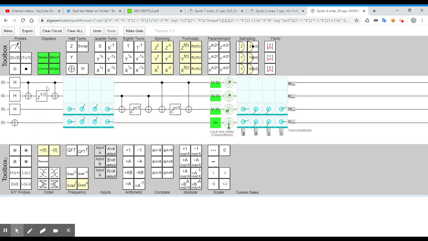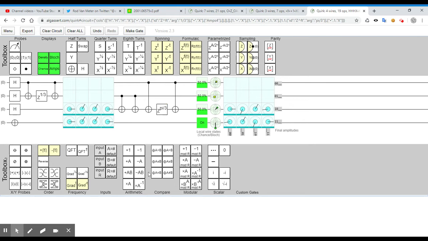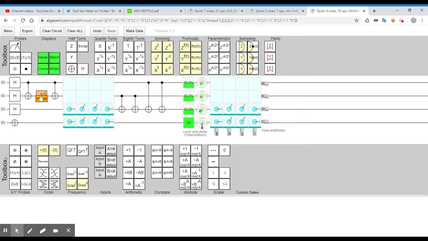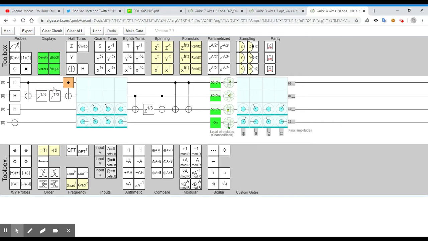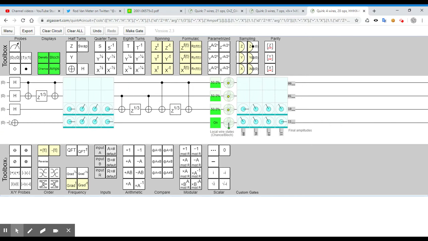Okay, but I should measure at the end, because that's important here. So this is basically doing the rotation in those cases where there is one cat. And now I can get rid of this, and copy that, copy those gates in between. And we don't need an ancilla qubit.